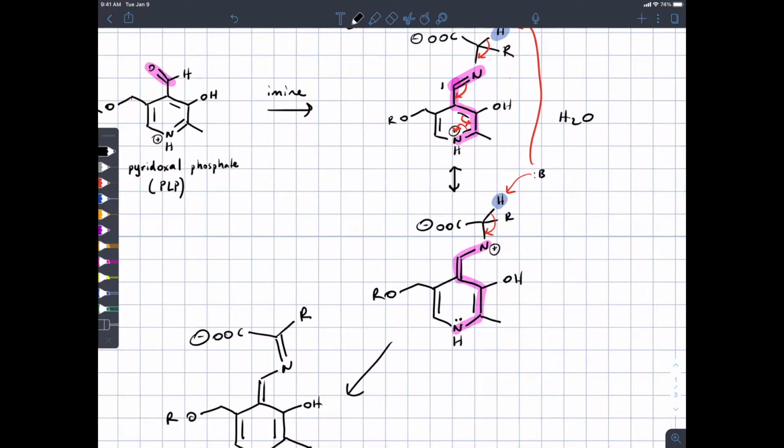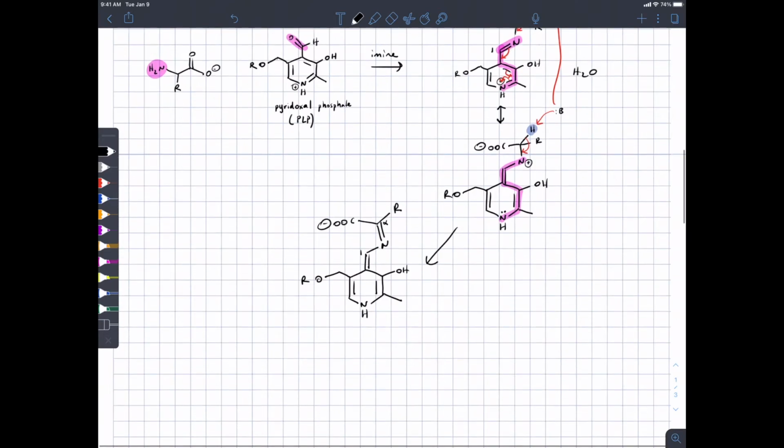Now the imine is no longer between carbon 1 of the pyridoxal phosphate and the nitrogen. Now the imine's between the alpha carbon. Do you see that subtle change? It's just a proton transfer. Okay, so this is now an imine, and at this stage we can hydrolyze the imine.